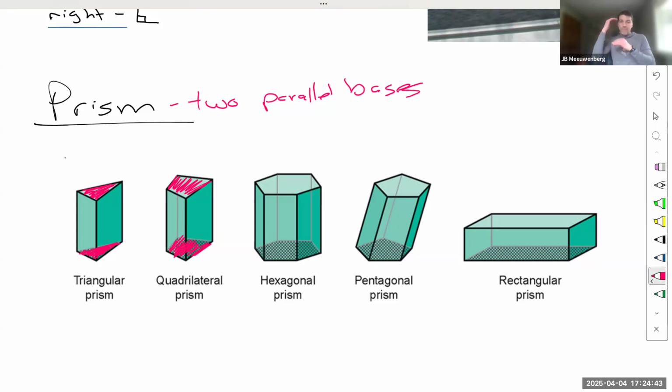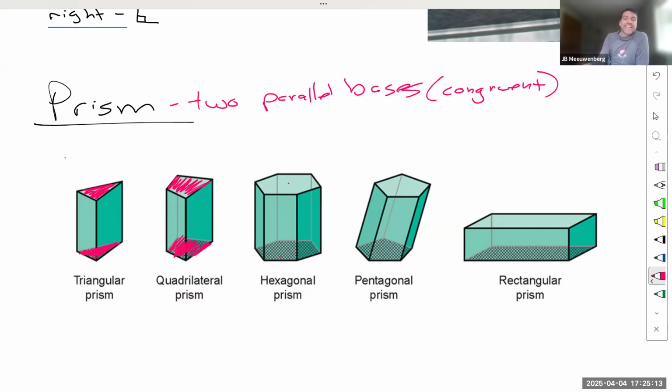So it has an upper and a lower base, two parallel bases, and they also have to be congruent to each other. So those are identical quadrilaterals. These are identical hexagons. Rectangular prism is probably the most common. It's just a regular box, right? It has a rectangle on the bottom and a rectangle on the top.